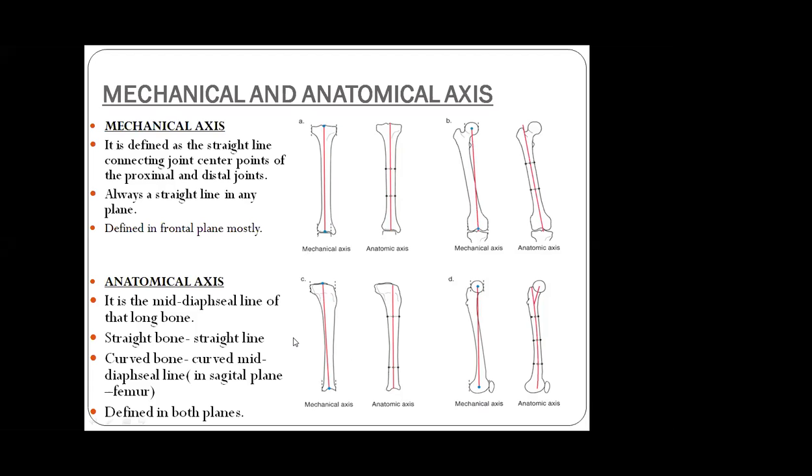How do we draw the anatomical axis of any long bone? In the diaphyseal region we take two or three points on the outer cortex and the inner cortex, find the center of those points, and connecting all the centers gives us the anatomical axis of that particular long bone.